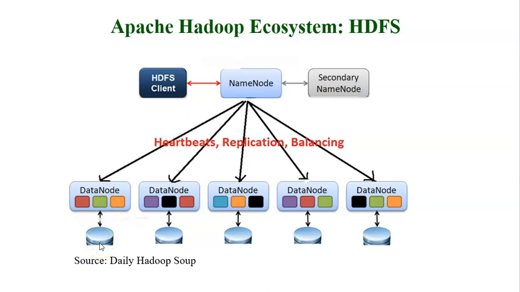Let's think of a data node as a separate server or a separate computer. All of these data nodes operate as the slaves of the master name node. We also have the secondary name node here. These three types of component, name node, data node, and secondary name node, are the main components of HDFS.